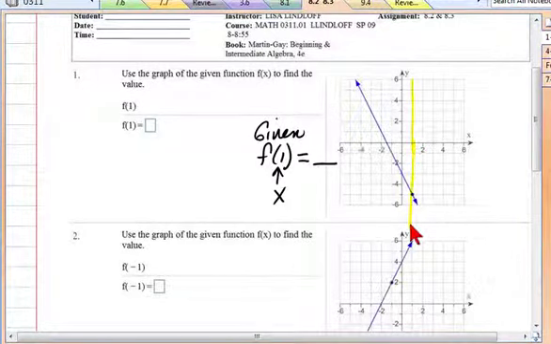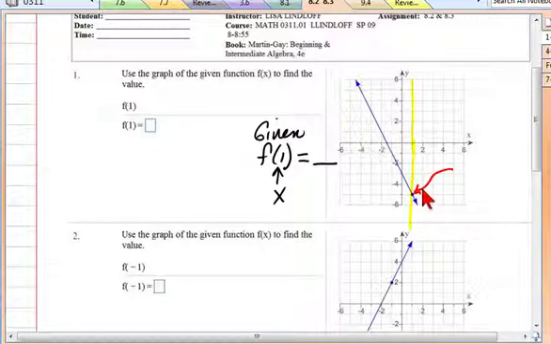Do y'all agree that everything on that not so straight yellow line is x equals 1? Where did that hit your line? It hit it right there.